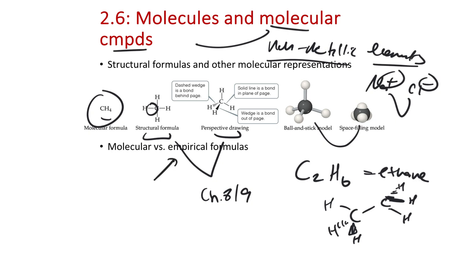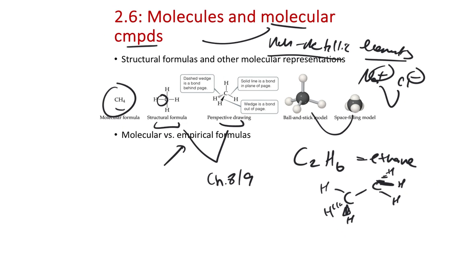If you then said, well, what's the empirical formula? What's the simplest ratio of carbon to hydrogen? The empirical formula of ethane would be CH3. And that doesn't really tell us anything. There's almost no significance to an empirical formula, other than in the next chapter, you'll see that from experimental data, we can determine an empirical formula, and with more data, we can determine a molecular formula.